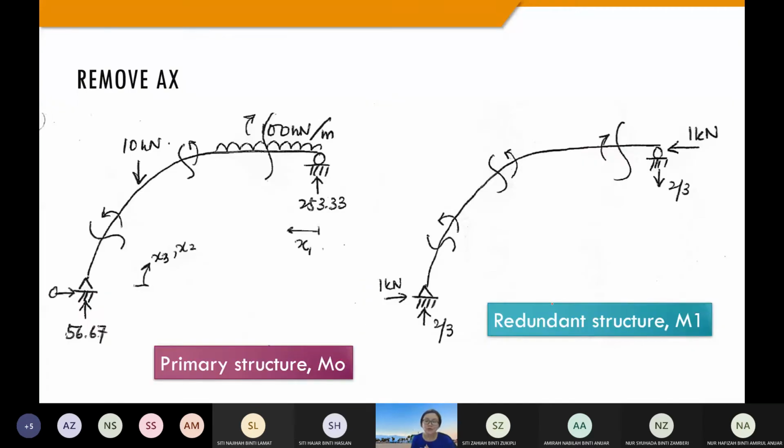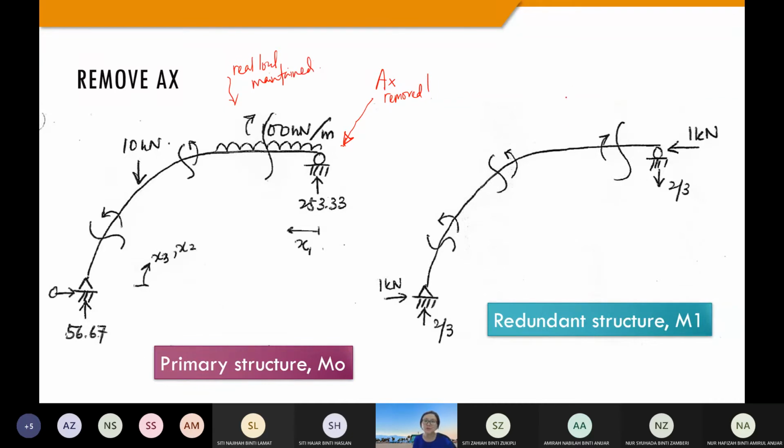This is a primary structure and the redundant structure. If you can see here in the primary structure, AX has been removed, but all the real loads are still here, maintained.